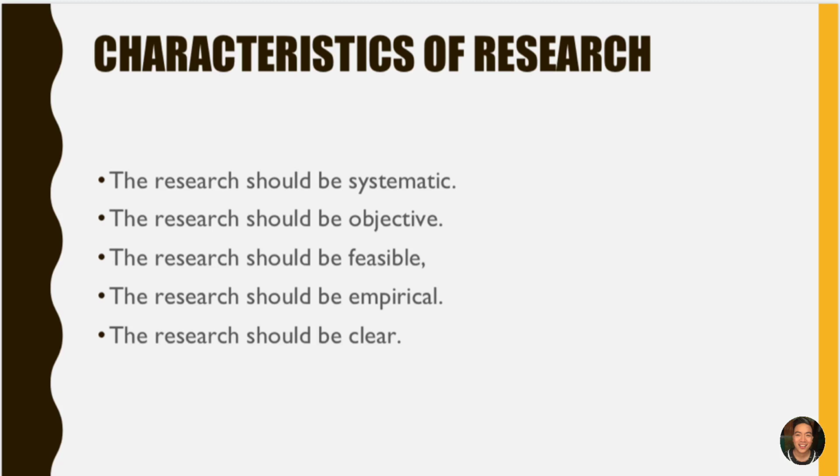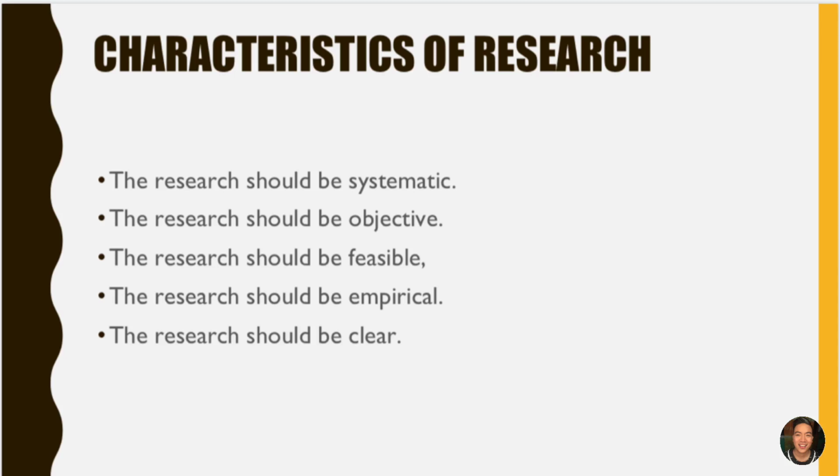Number 5, the research should be clear. The choice of variables used in the study should be explained by the researcher. So this can be done by enriching the review of literature or by discussing the different theories on which the selection of variables is based. Therefore, there must be sufficient indicators for each variable, and these variables can be gathered from different published or unpublished material.